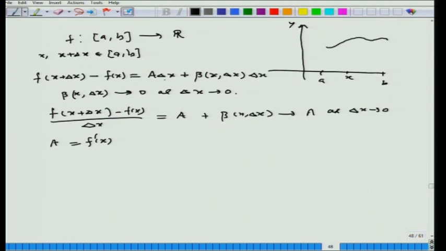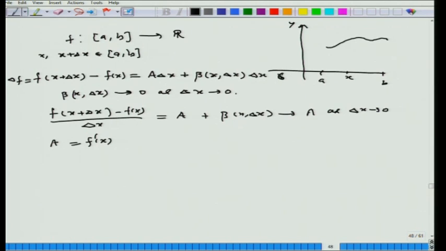So, this is the linear part in the increment here. See, delta x is the increment in x, and delta f is given by f of x plus delta x minus f x. So, this increment in f is actually A times delta x plus beta of x comma delta x times delta x. This function beta is assumed to satisfy this condition. So, f is differentiable if and only if this holds.